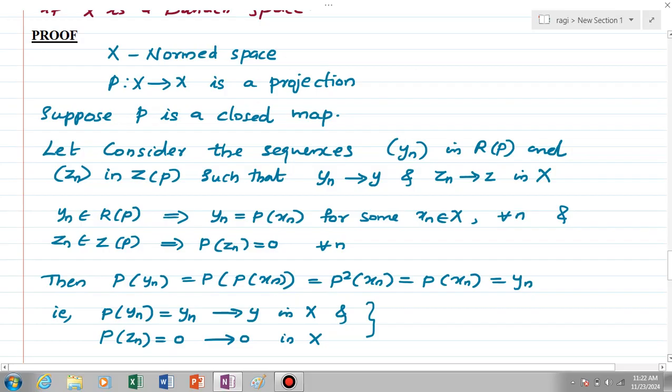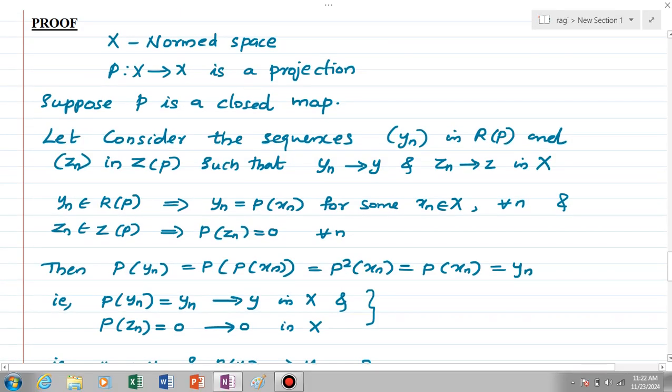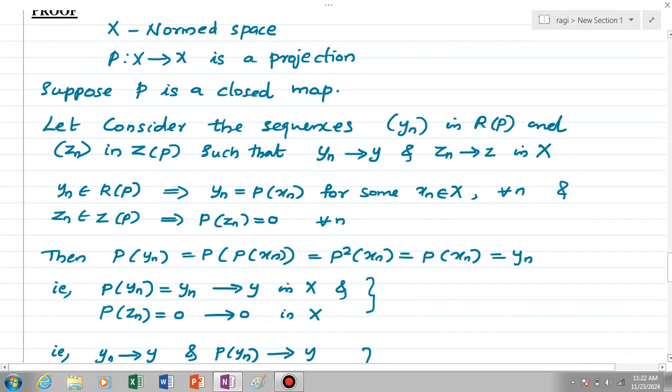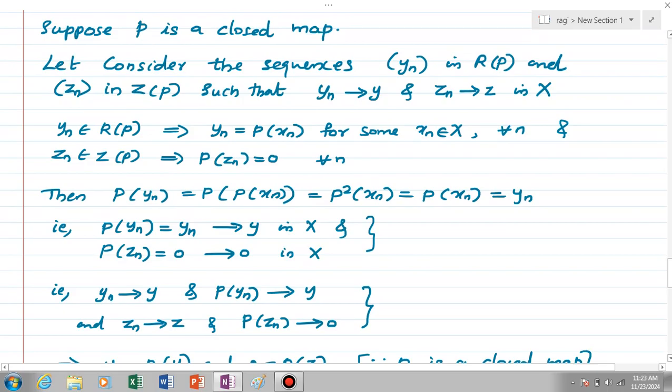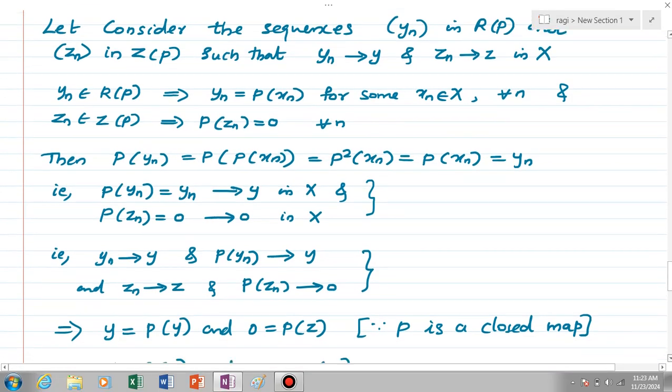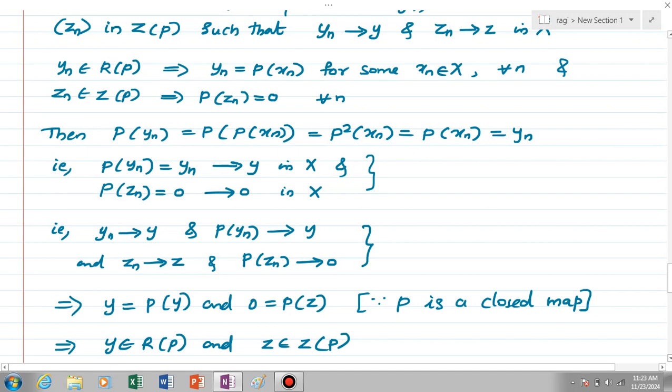That is, P(y_n) equal to y_n converges to y in X by our assumption, and P(z_n) is equal to 0 converges to 0 in X clearly. That is, y_n converges to y and P(y_n) converges to y, and z_n converges to z and P(z_n) converges to 0. Our supposition is actually P is a closed map.